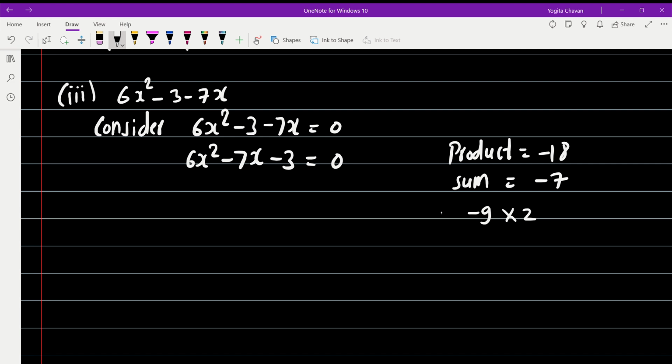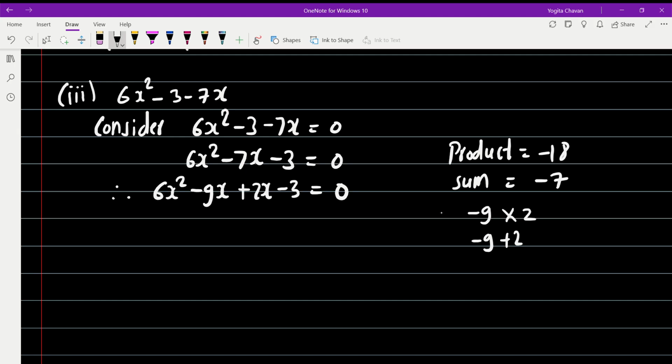Yes, minus 9 into 2, minus 18, and minus 9 plus 2, it is minus 7. Therefore this equation can be written as 6x square minus 9x plus 2x minus 3 is equal to 0. Okay.